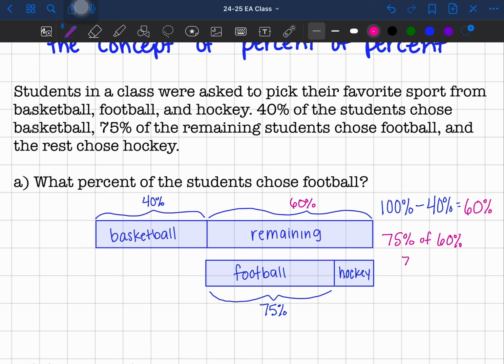So 75% is 75 over 100 times 60%. You can type this on your calculator, 75 divided by 100 times 60, and you should get 45. And we bring down the percent sign. So 45% of the students chose football.